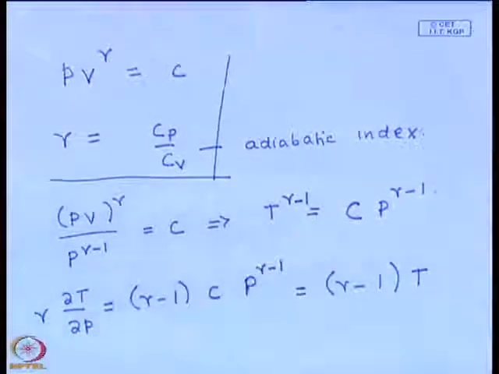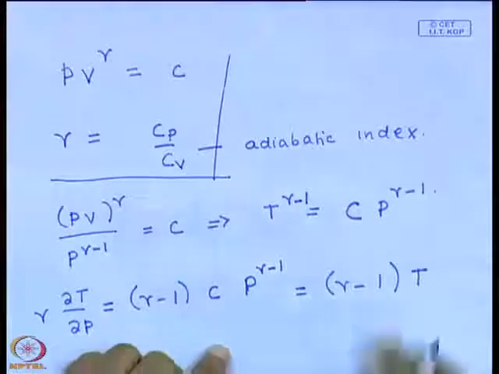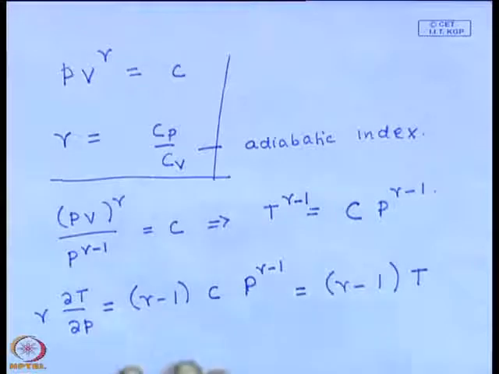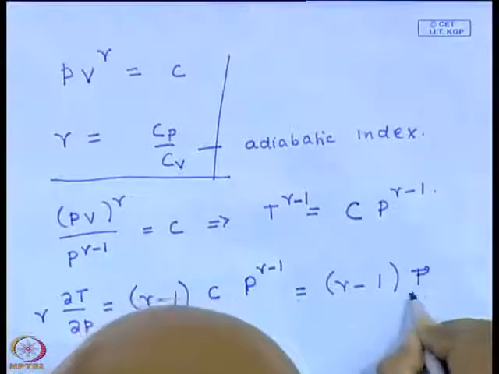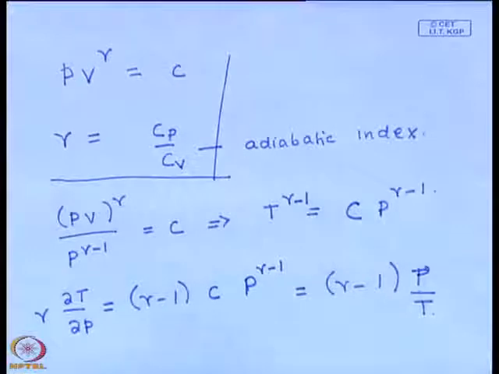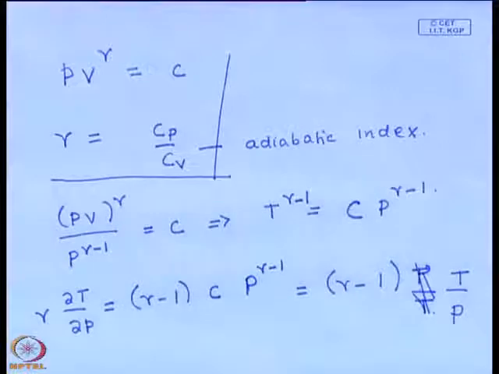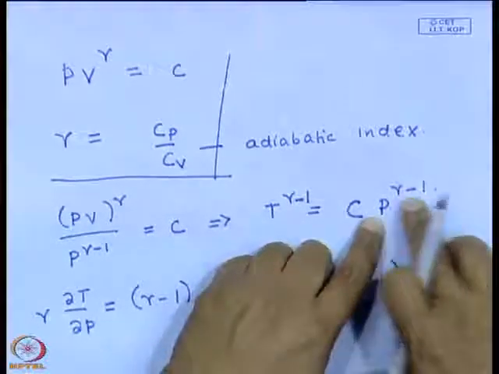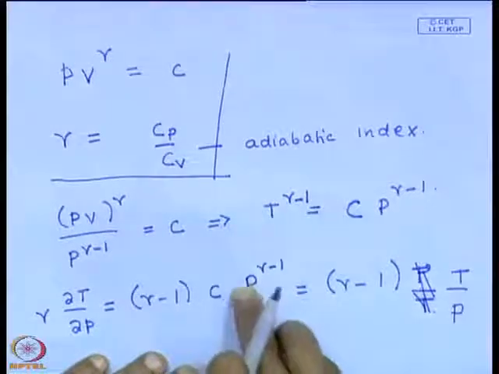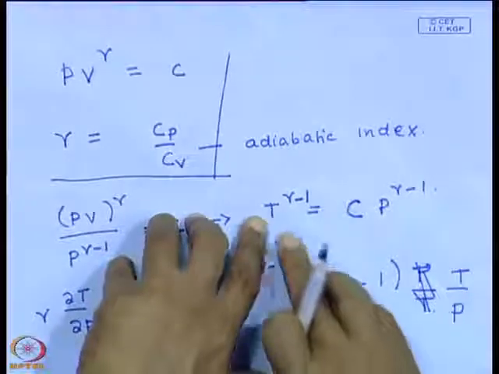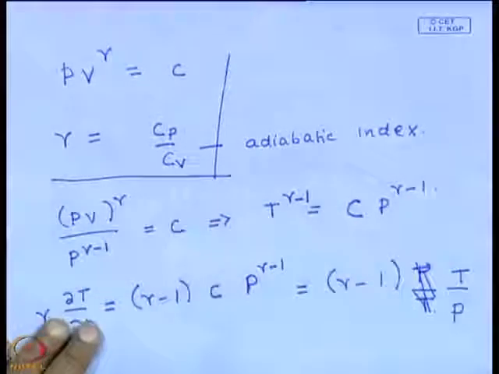There should be a T to the power gamma minus 1 here. So this whole thing can be written as T by P. So P to the power gamma minus 1 we can write as P, so we can just eliminate this from here and you will get T by P.